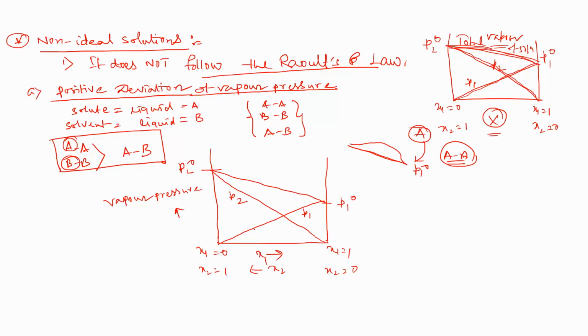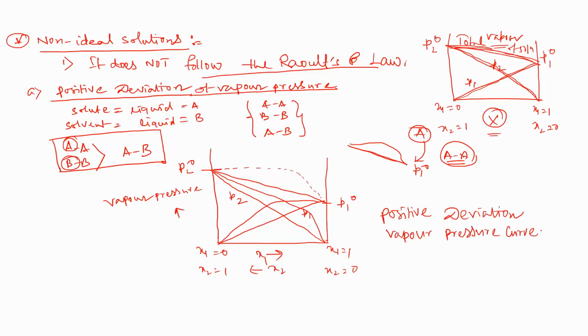But when there is a positive deviation, the AA interaction and the BB interaction are greater than the AB, so every component's vapor pressure will show the positive deviation. It looks like that. The A component shows positive deviation, the B component also shows positive deviation, and the total vapor pressure of the solution also shows positive deviation. So that is the vapor pressure curve for a non-ideal solution when the AA or BB interaction is greater than the AB interaction.